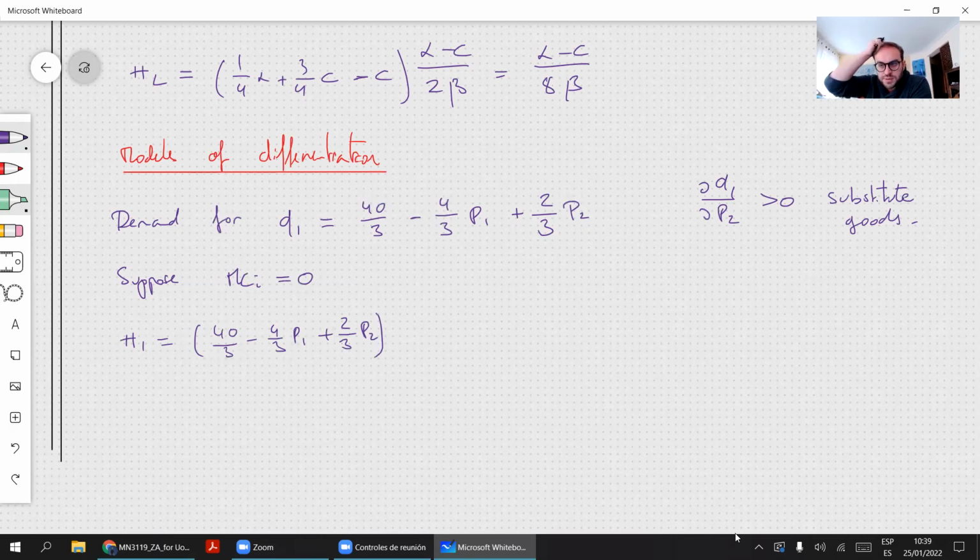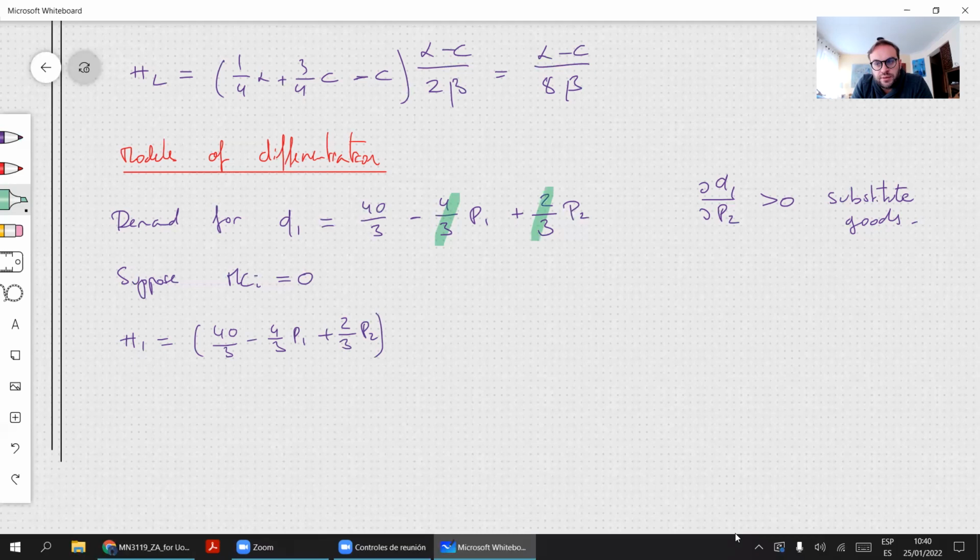So there is substitution. Maybe something that I should tell before is notice the coefficients here. If products were perfect substitutes, I can perfectly exchange one for the other, the coefficient should be the same. If there are different coefficients, for example, here, the coefficient of 4/3 is larger than the coefficient of 2/3.